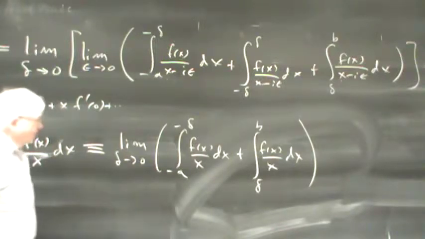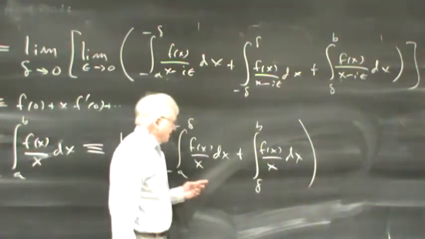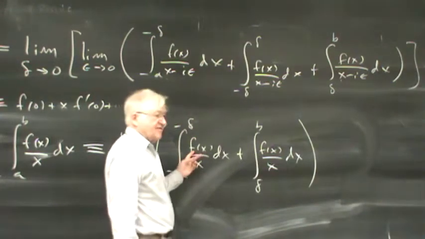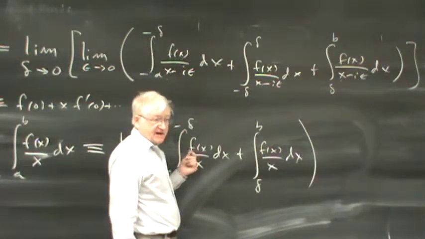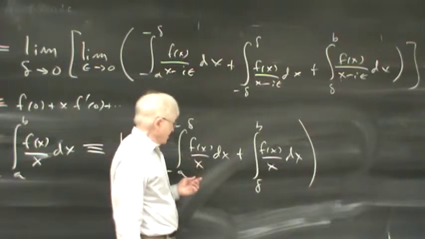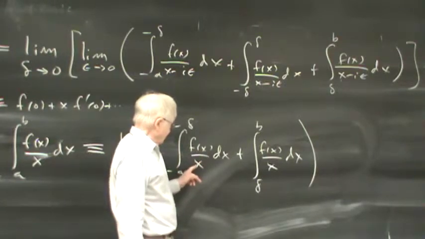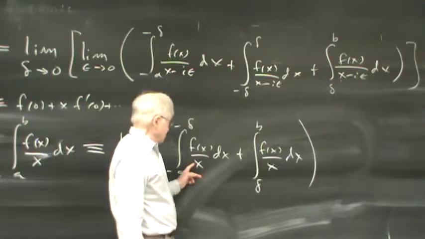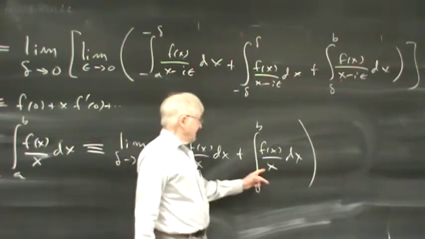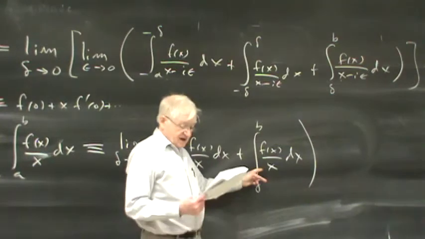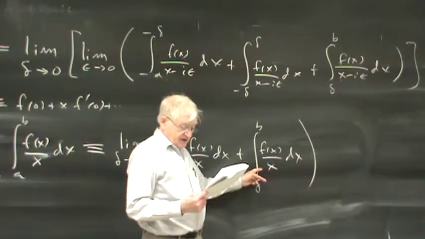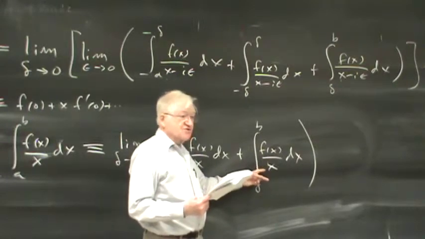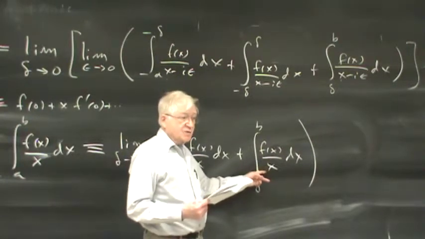And so, when you look at this, what you can see here is, suppose f of x is even at x equals 0, an even function. Well, then you're going to get contributions which could be very big from this integral, but they're going to cancel the contributions over here near x equals 0.